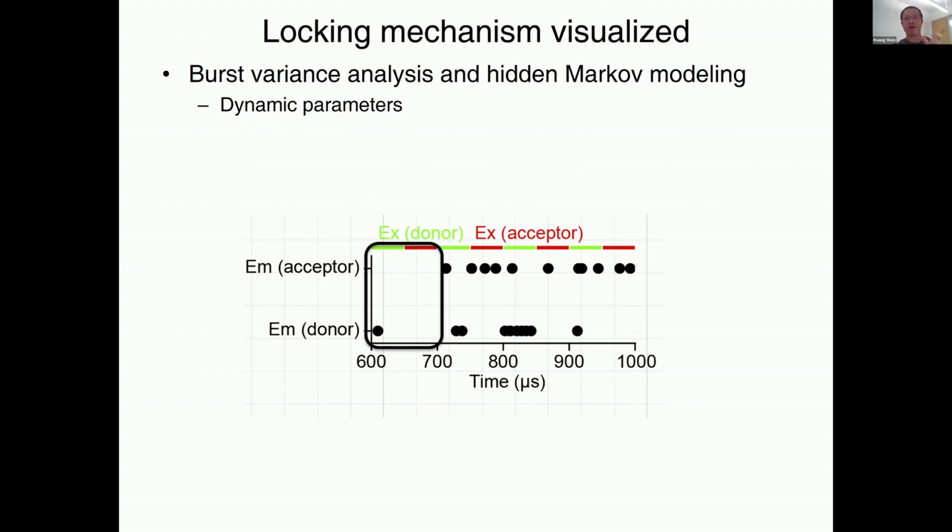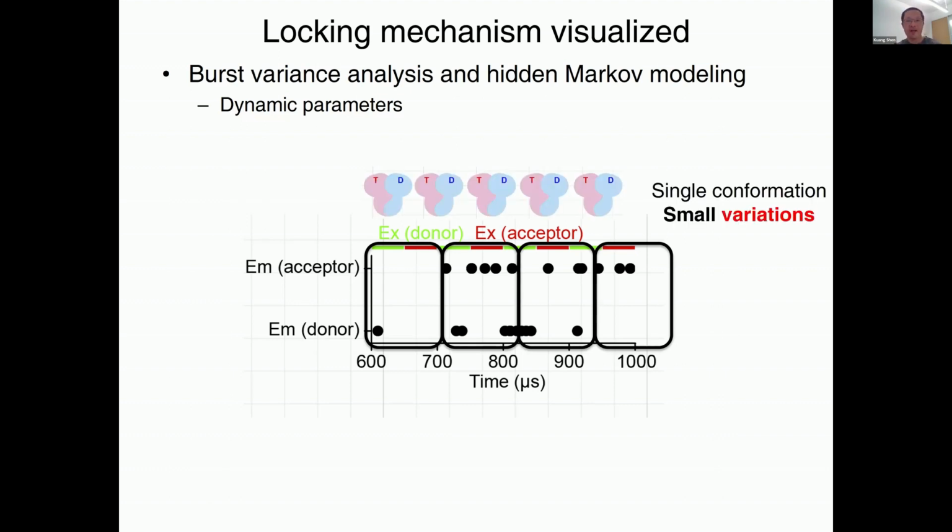Okay, so this will give us a snapshot of the Rag GTPase when it's diffusing through this confocal volume, and then they create a sliding window and calculate the next snapshot, and then they can do this for all the photons in this entire burst. So the idea is quite simple, actually.